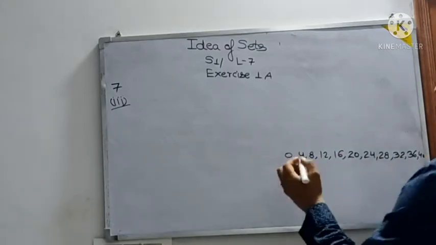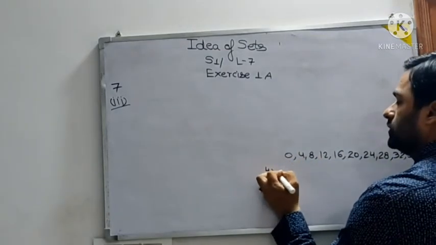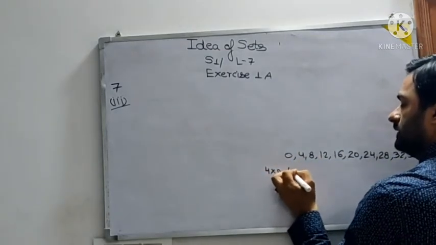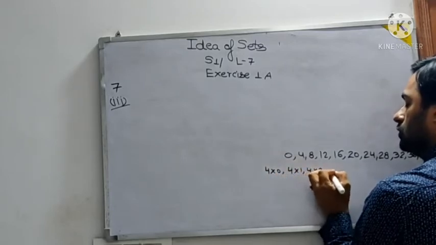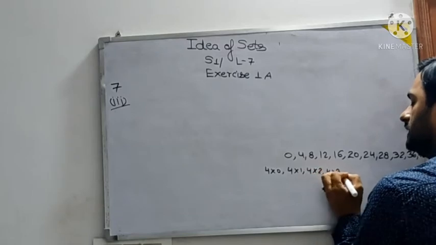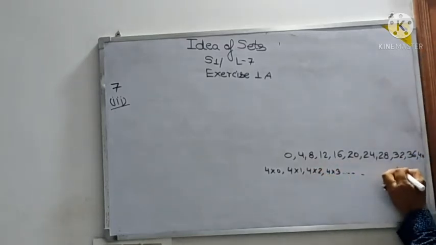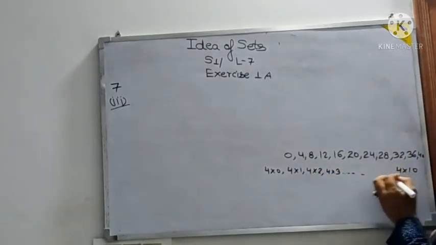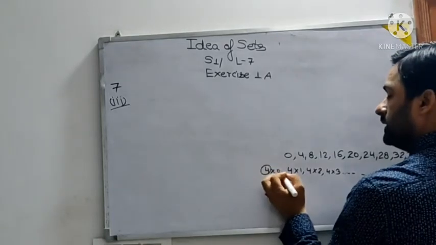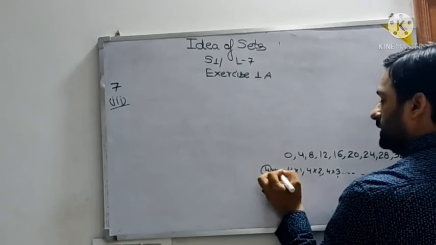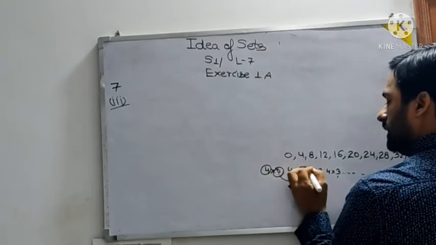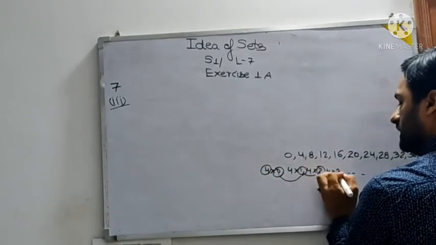That it is 4 into 0, then 4 into 1, 4 into 2, 4 into 3, and last is 4 into 10. That means 4 is common everywhere, and this is 0, 1, 2, 3.